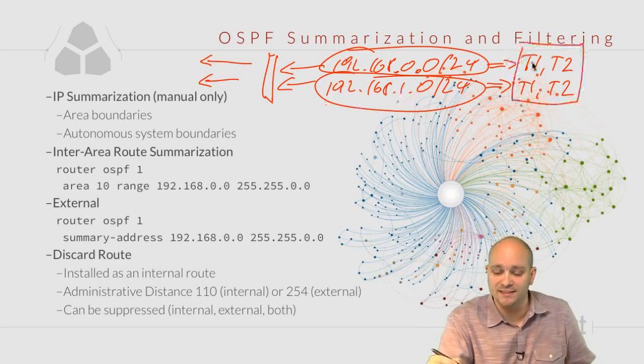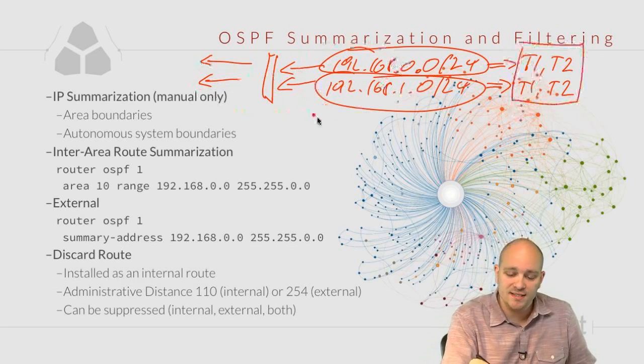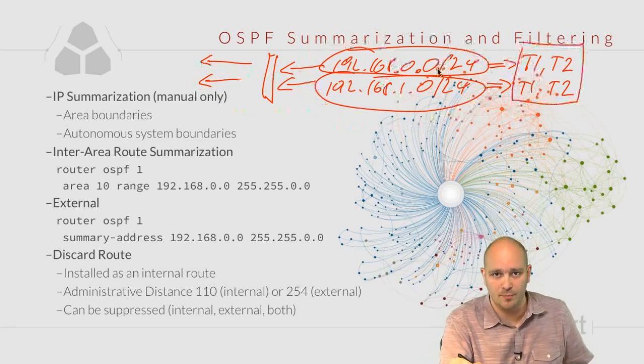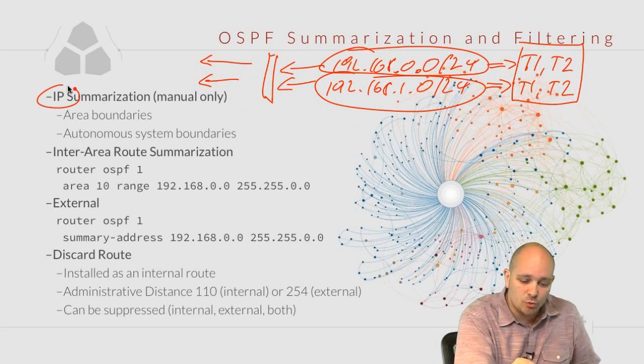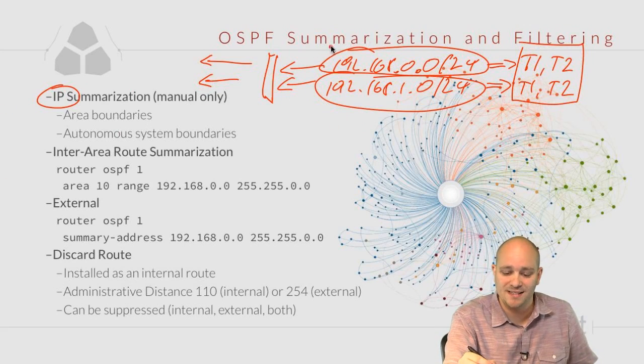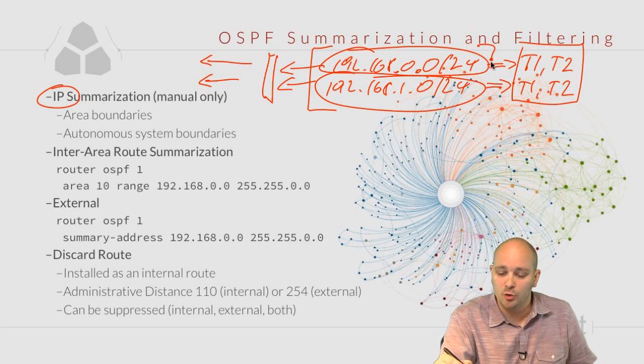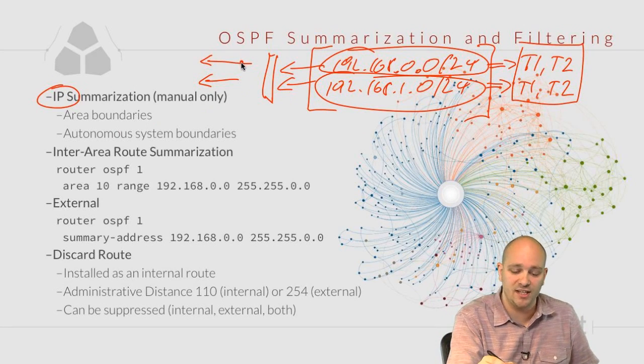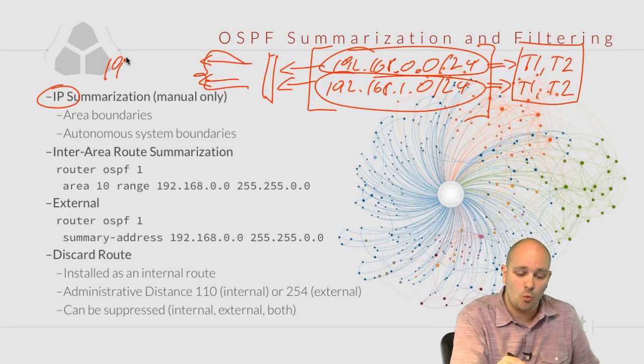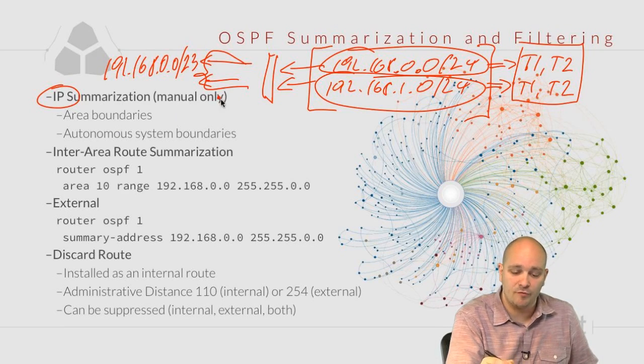What we are summarizing is the information in the LSAs here, but we are not necessarily performing an IP summarization. But we can do the IP summarization as well, but this needs to be manually configured. So we could advertise these two networks as a single network. We could advertise it as 192.168.0.0/23, for example.